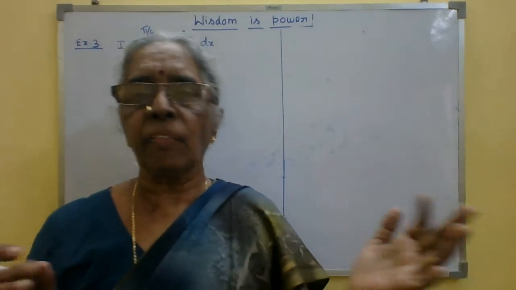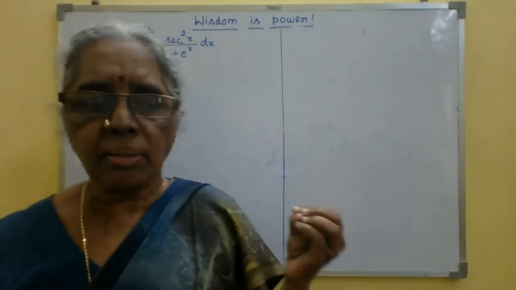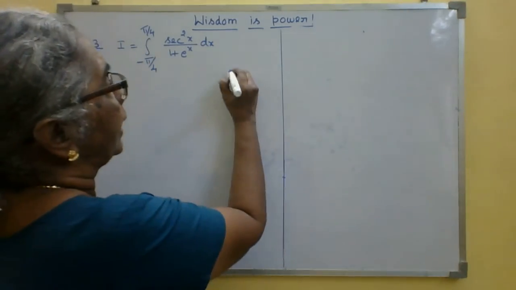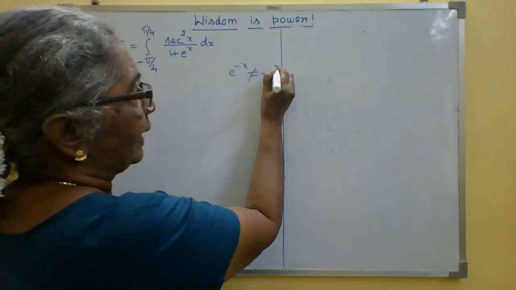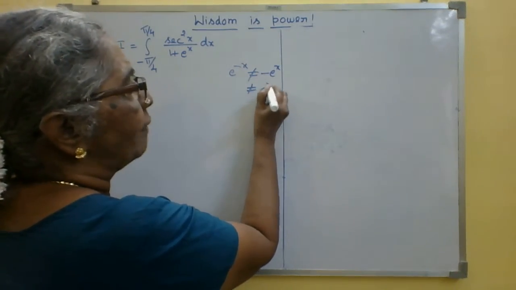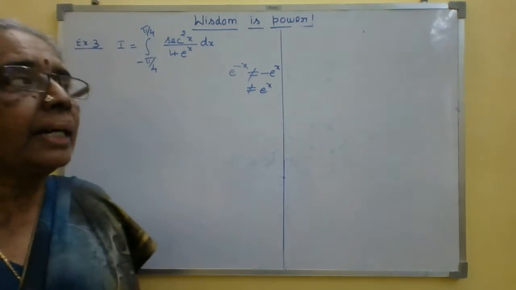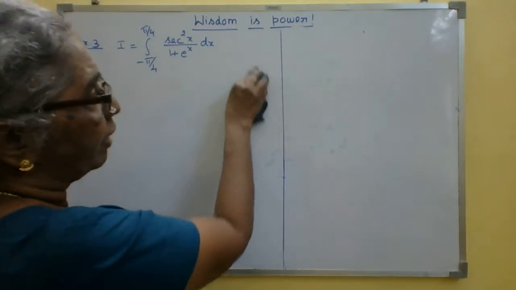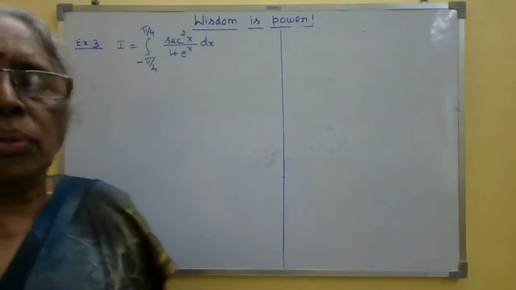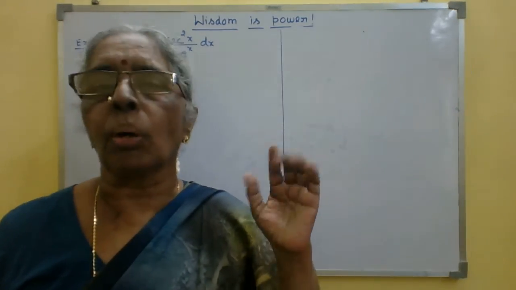It is neither an even function nor an odd function, because e power minus x is not equal to minus of e power x. It is not equal to e power x. So your f of minus x is not equal to minus of f of x, or it is not equal to f of x. So I cannot use that property in this sum also.